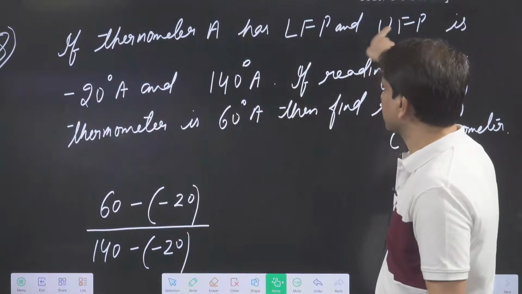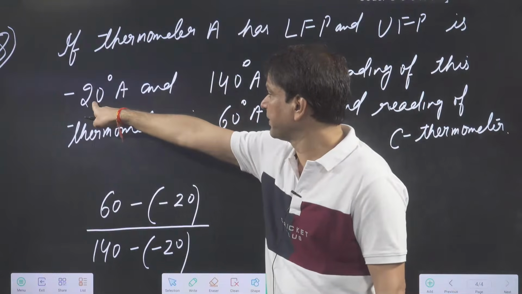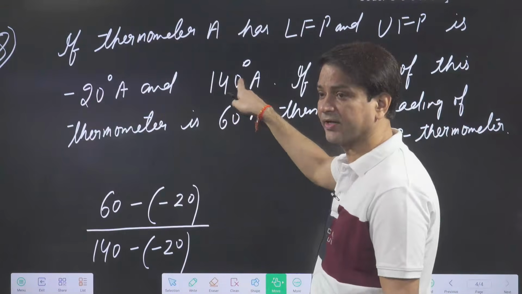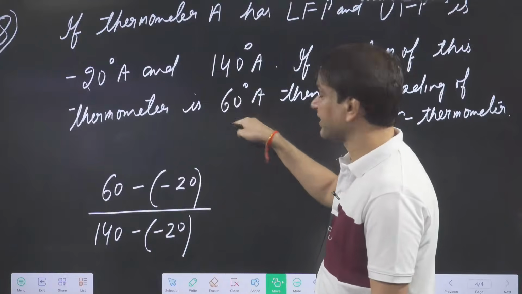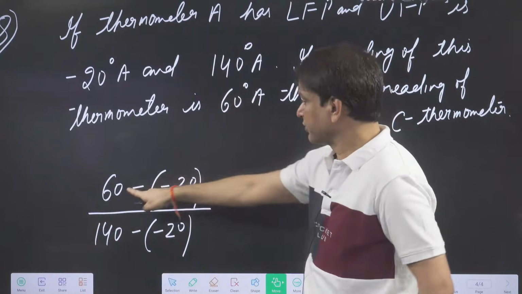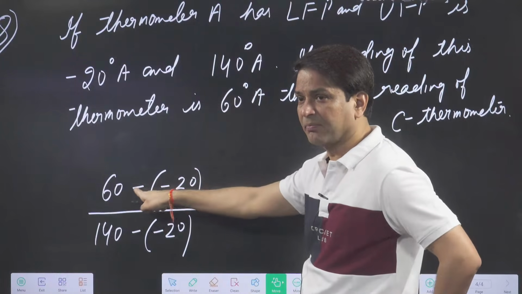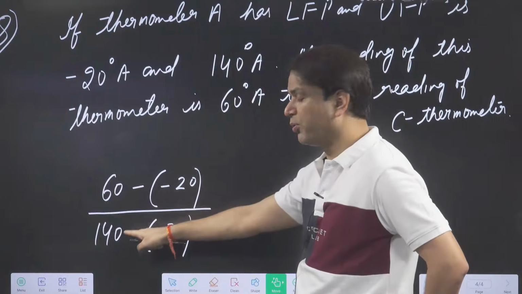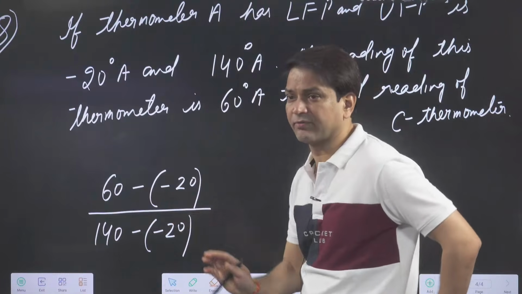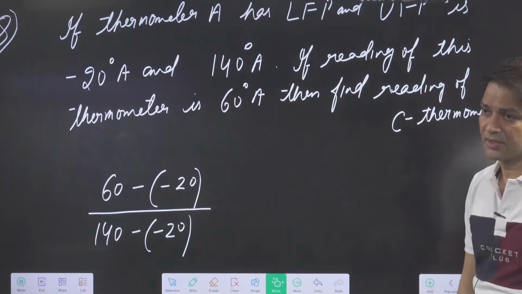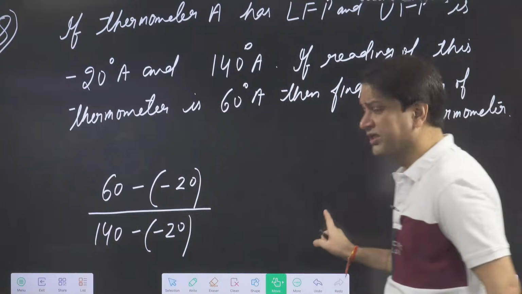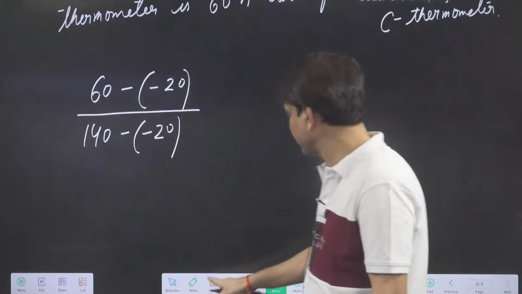I have given the LFP minus 20, UFP 140, and the temperature in the thermometer A is 60. So temperature in the given scale minus LFP of A upon UFP minus LFP. This everybody got or not? So this is the TSI of scale A.